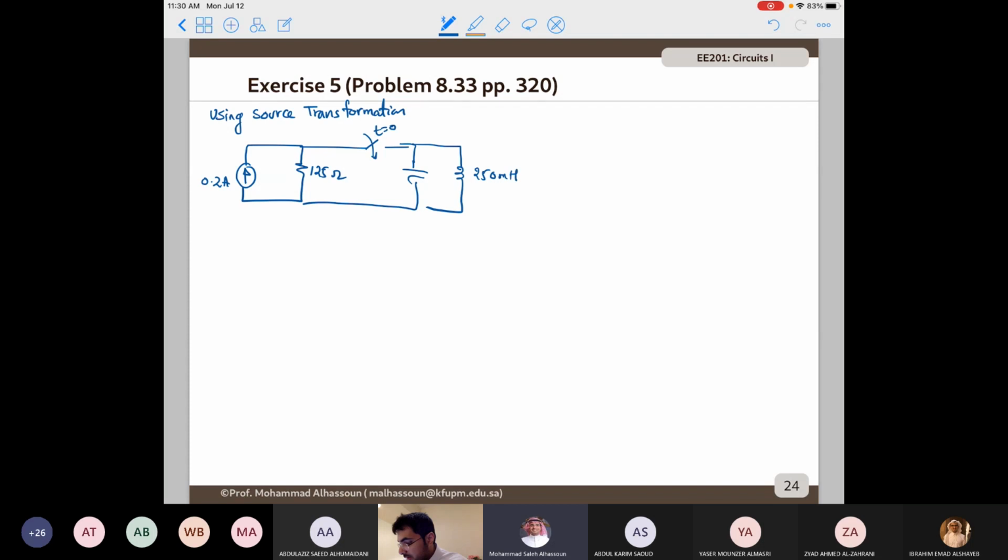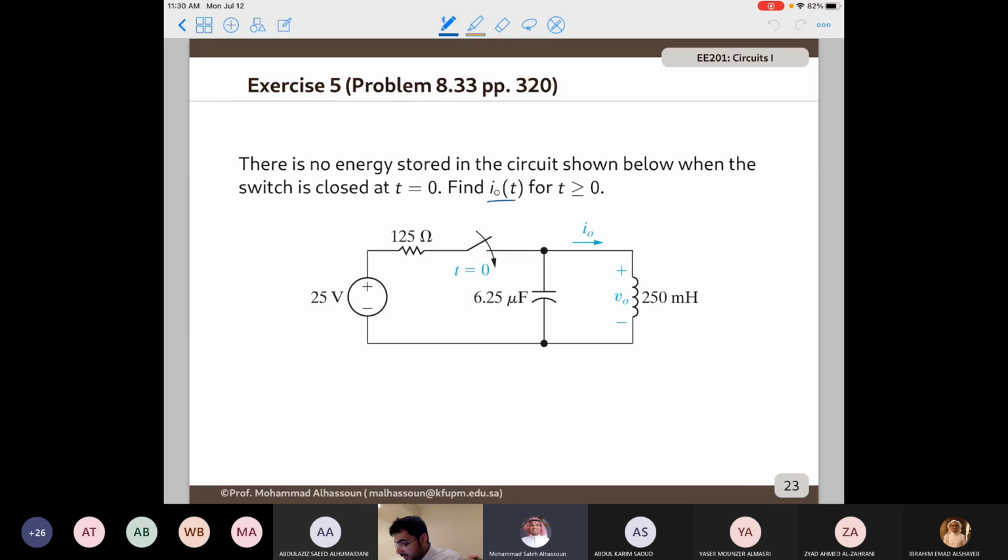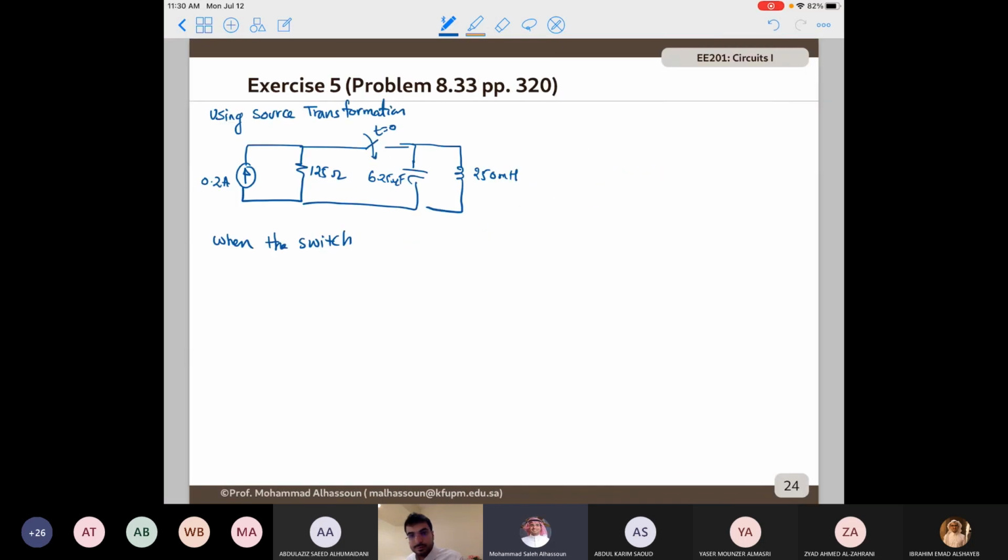250 millihenry. This one is 6.25 microfarad. Right. Okay, now what's the next step, Shabab? Again, we're asked to find the current passing through the inductor. Ibrahim?